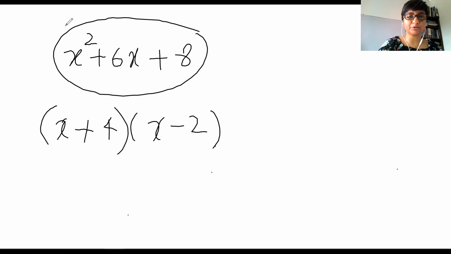If you put 2 for x or -4 for x. This is what you do when you solve the equation. So actually the question I asked is the same as asking you to solve the equation x squared plus 6x plus 8 is equal to 0.